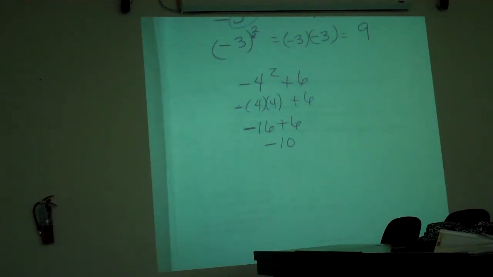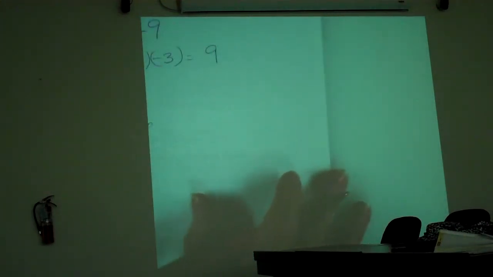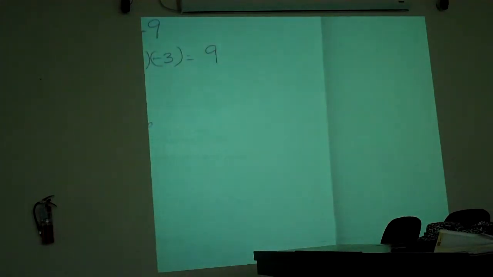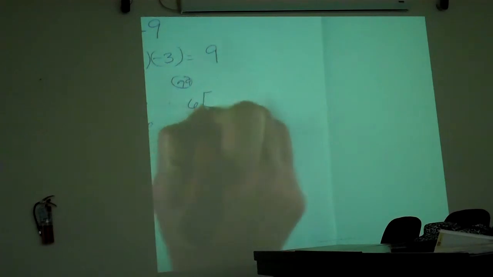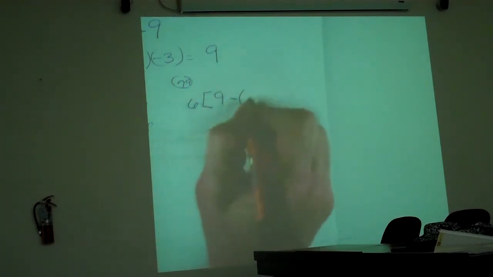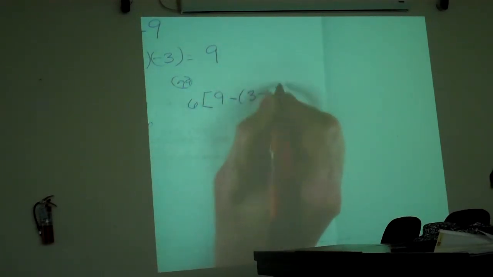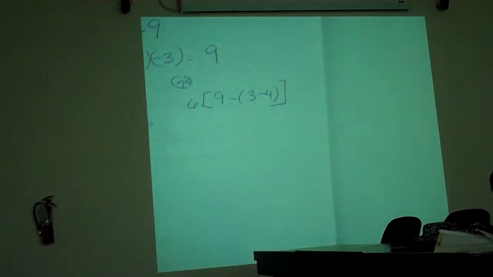Okay. Let's do some that have parentheses in them. Let's do number 79. Is 6 and then a bracket, 9 minus 3 minus 4 in parentheses in a bracket.